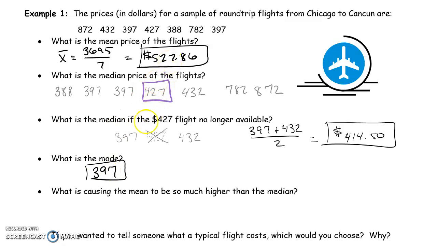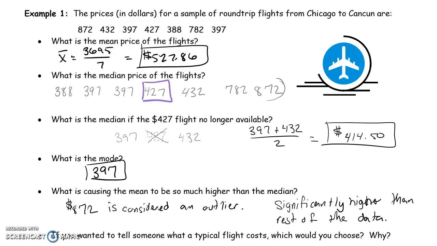So we look at the data points, and we have a $527, almost $528 mean, $427 median, and a $397 mode. What's causing such a big difference, especially between the mean and the median? We can see it's this number here. The $872 is extremely high compared to the rest of the data. We would consider that an outlier. That number is significantly higher than the rest of the data.